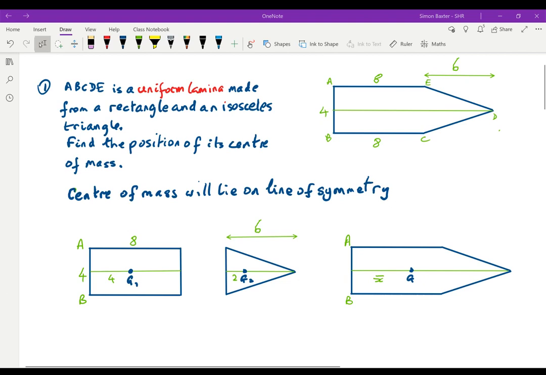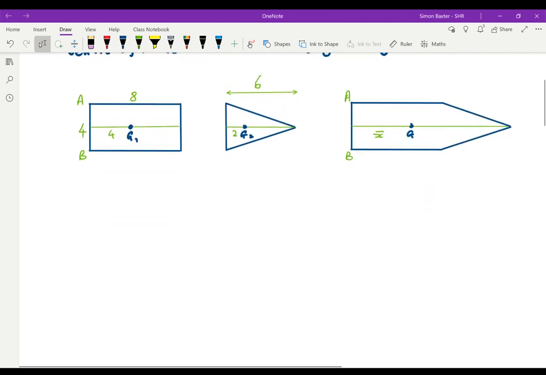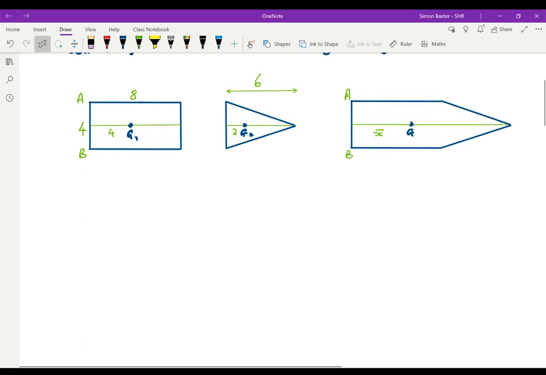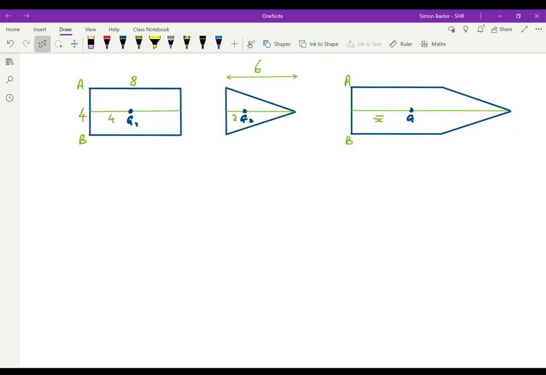We're now in a position to find the position of the center of mass. We want the mass of each of these shapes. The mass is going to be proportional to the area. Uniform lamina, therefore, if something is twice the area, it will be twice the mass. So we can actually take the area and think of that as the mass.